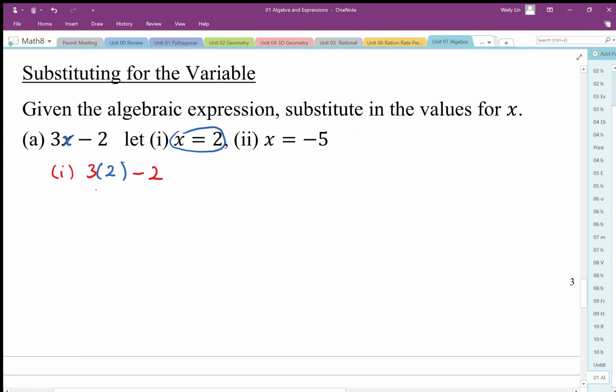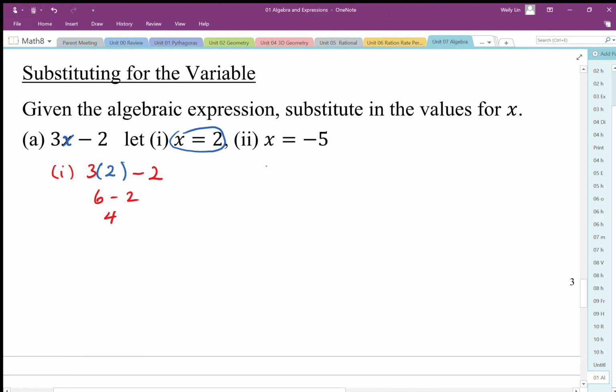So this becomes 6 minus 2. 6 minus 2 is equal to 4. Again, notice that I'm doing my calculations vertically. I don't have a bunch of equal signs going sideways. I can see my equality. 3 times 2 equals 6. Negative 2 equals negative 2. I make sure I bring everything down vertically.